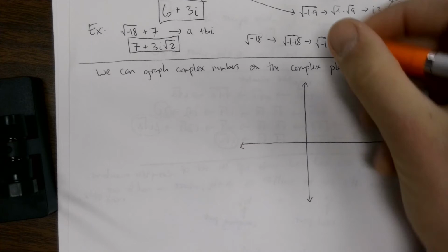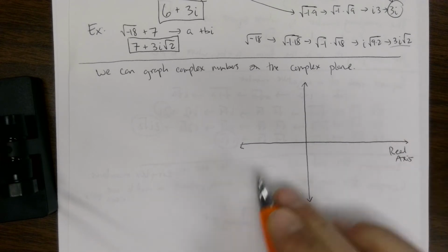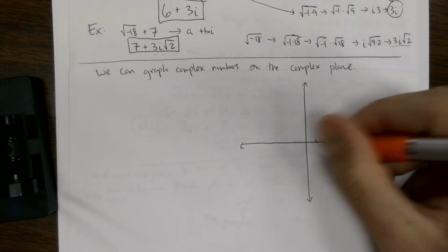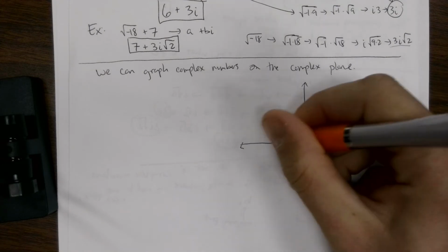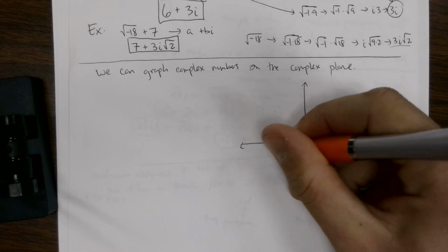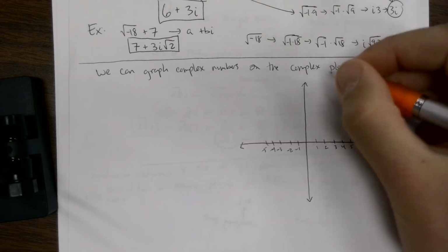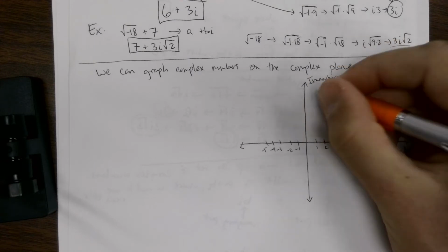So we have two axes. We have the real axis down here. This will be just like our x-axis. This is where you're going to graph all your real numbers: 1, 2, 3, 4, 5, and -1, -2, -3, -4, -5. And then this axis is going to be your imaginary axis.